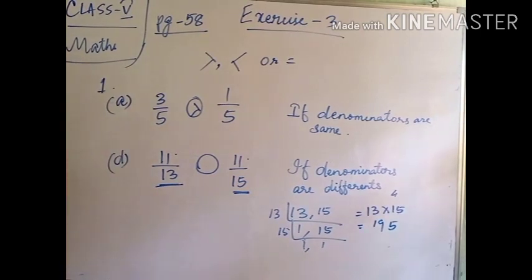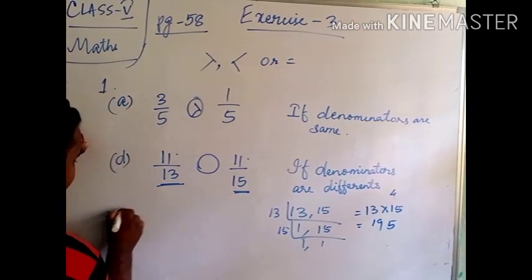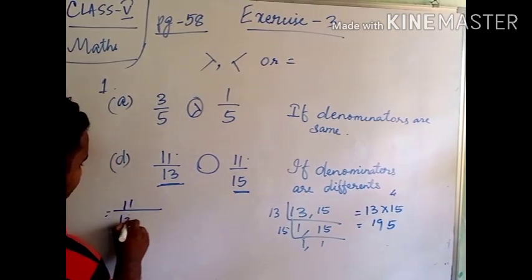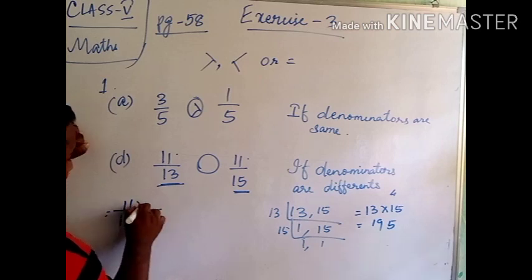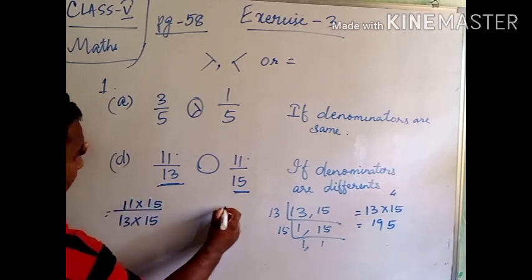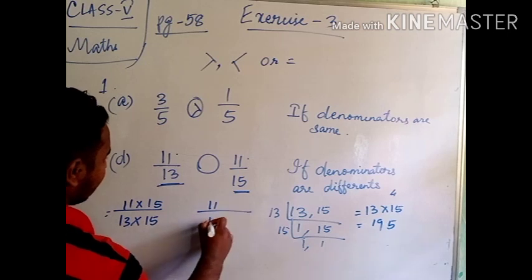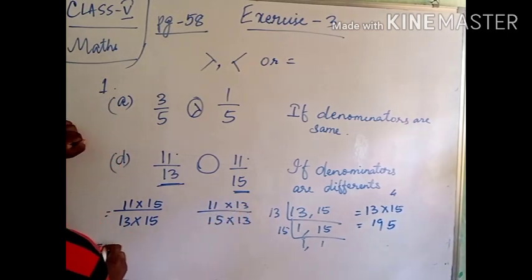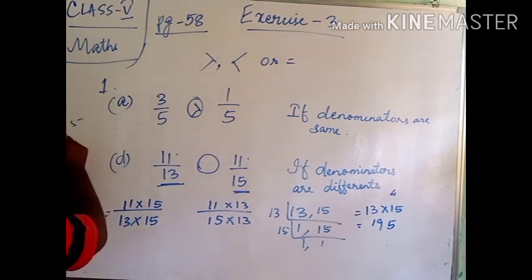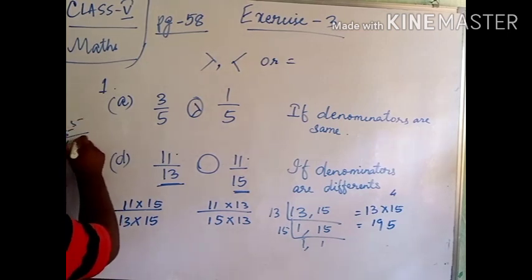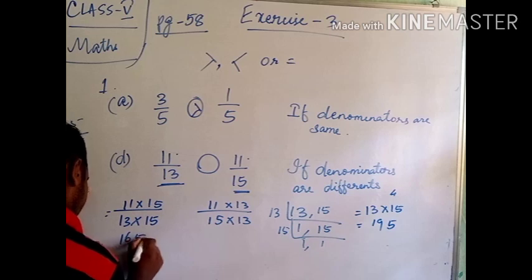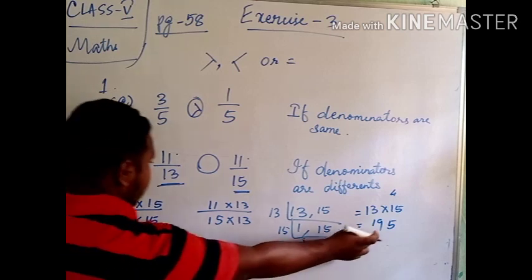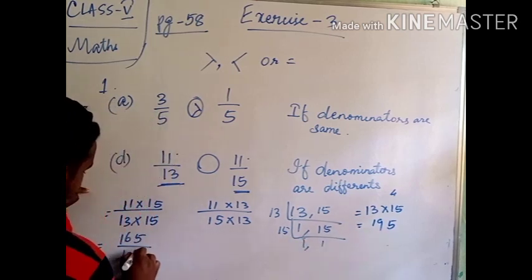So what do you have to do? You have to convert this to denominator 195. 11 by 13, multiplied by 15 on top and bottom. 11 by 15, multiplied by 13 on top and bottom. 15 into 11 is 165, so 165 by 13 into 15, which is 195.